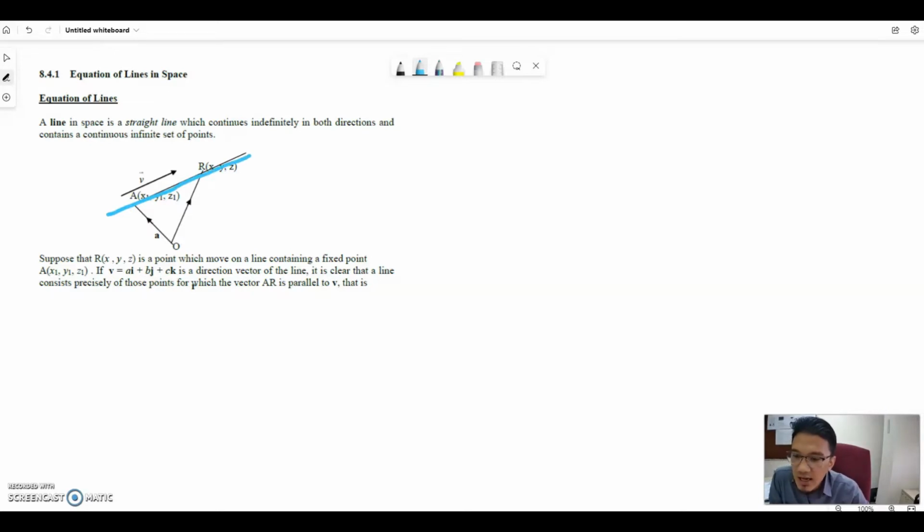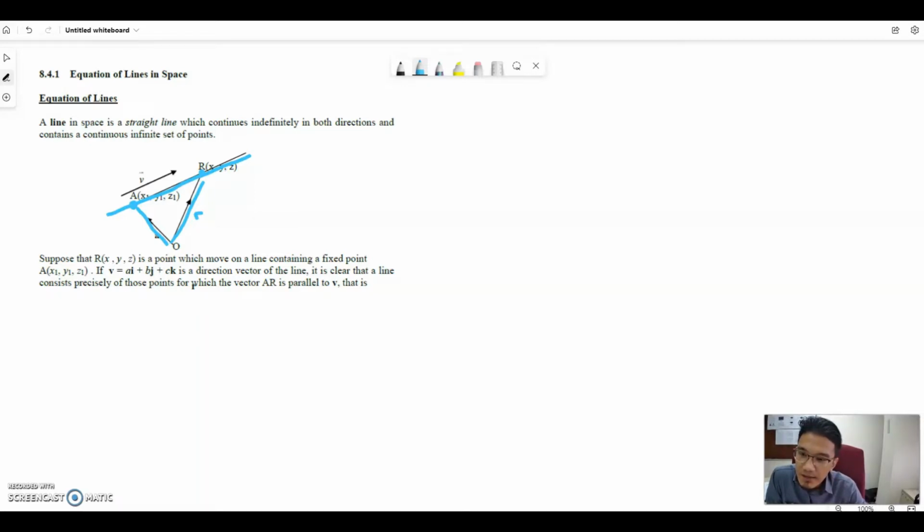This line actually depends on a point A, which is the fixed point. A is not movable, it's a fixed point, and it also depends on a vector A and a vector R from here. This point R, represented with the capital letter R, is any movable point, which means any point that lies on the straight line.